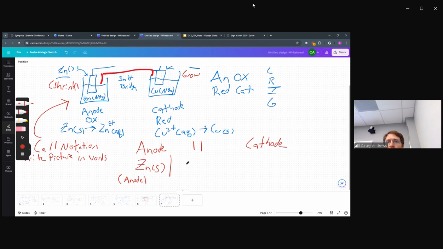Then you have a line, and you're going to say, what's your liquid? So my liquid is zinc nitrate, Zn(NO3)2 aqueous. So that's one side. It's solid line liquid. Double line, that's saying, okay, we have a salt bridge.